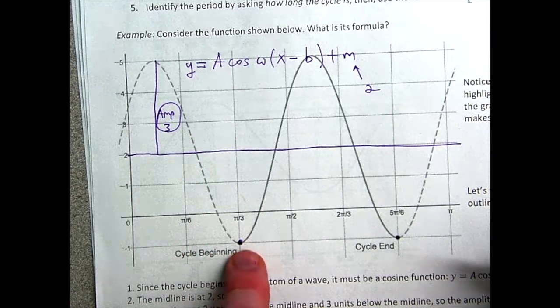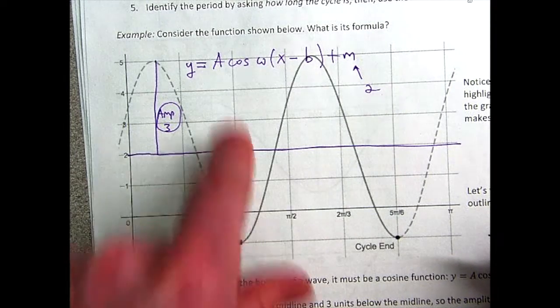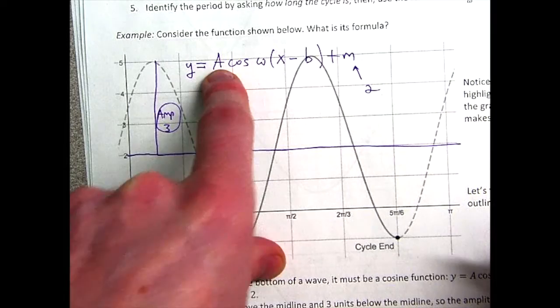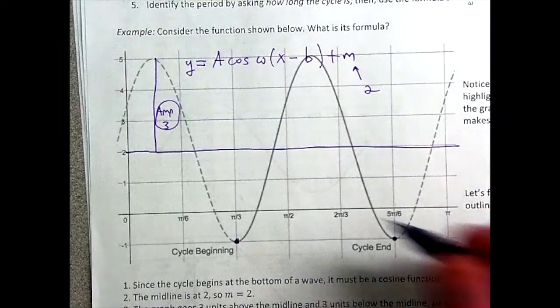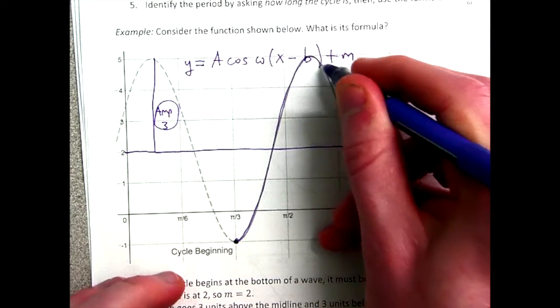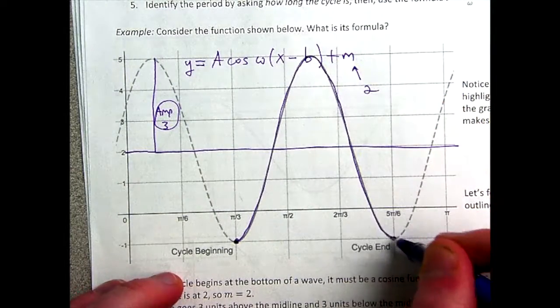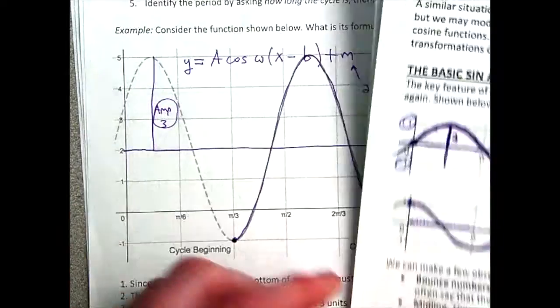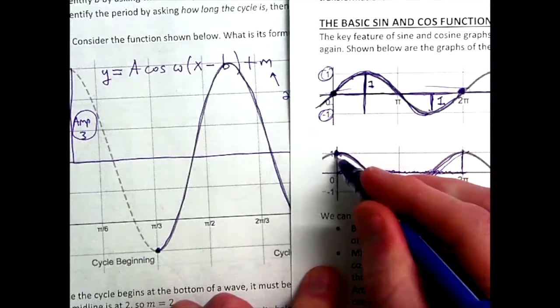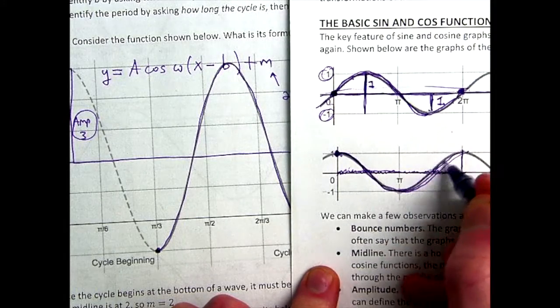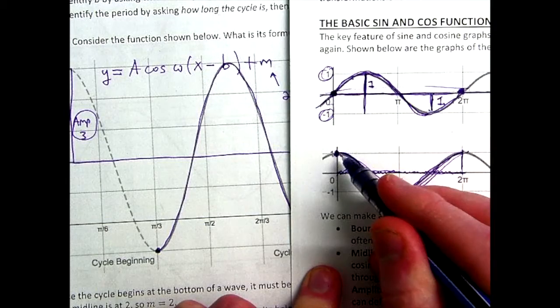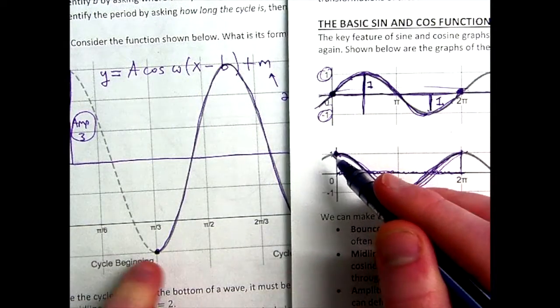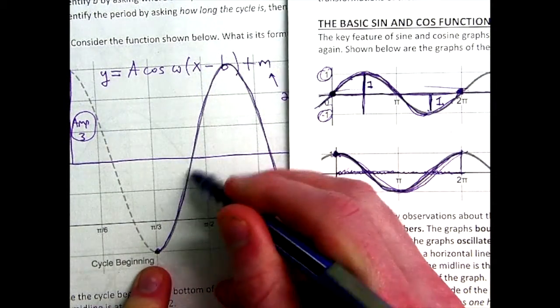Both of those values for a would produce an amplitude of 3. So we have to ask ourselves, is this graph upside down or not? If it's upside down, then a is negative. If it's right side up, then a is positive. Compare your cycle right here with one cycle of the basic cosine graph. In the parent cosine function, the graph begins at the top of a wave, but my cycle begins at the bottom of a wave.